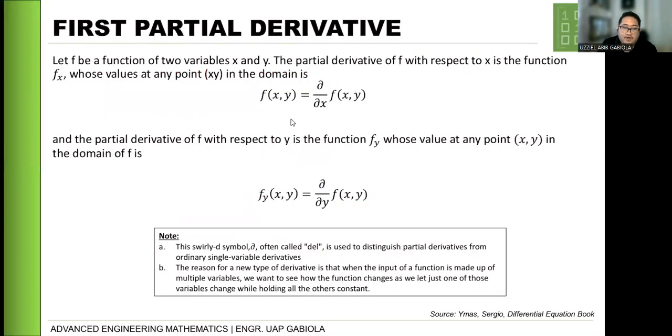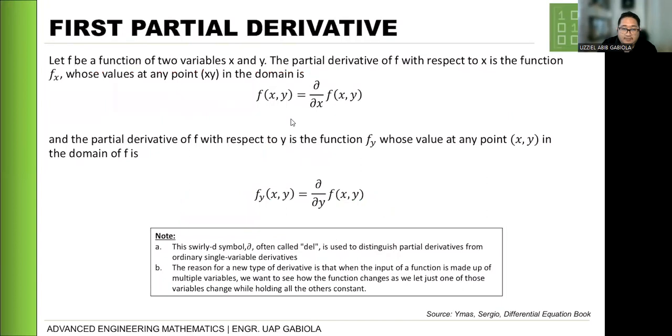So, we have yung first partial derivative. So, let f, or halimbawa, we have a function in terms of x and y, or kapag tinignan natin yung function, meron siyang x, meron siyang y. Okay? Pag kinuha daw natin yung partial derivative with respect to x, okay? Kapag kung ano yung independent variable niya, or ibig sabihin, yung nasa denominator natin dito, ibig sabihin yun yung ida-derive nating variable dun sa equation natin.